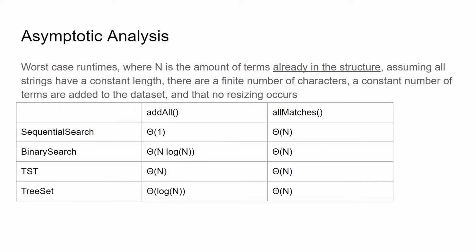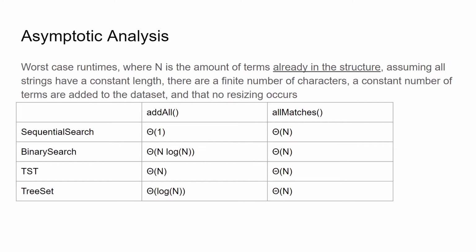So adding a constant amount of elements will require you to traverse n elements all the way down, and then adding the constant amount of terms. Therefore, the work that you're doing is theta of n plus a constant amount of work. So the overall runtime, worst case, would be theta of n.